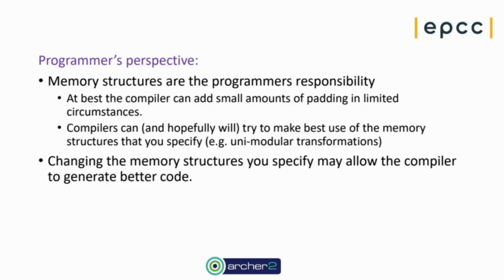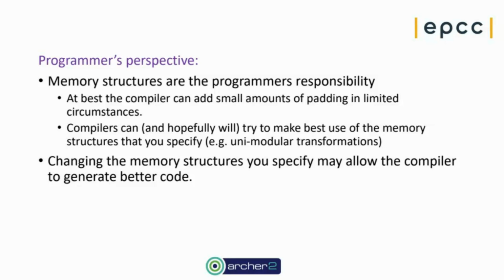So the programmer's perspective here is basically that memory structures are really the programmer's responsibility. The compiler can do very little for us. Compilers are good at dealing with loops and reordering. They can reorder loops, optimize loops, do all the nice stuff like unrolling and vectorization and so on.